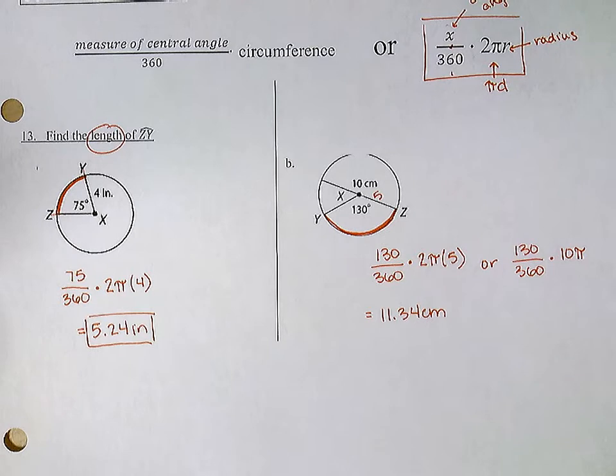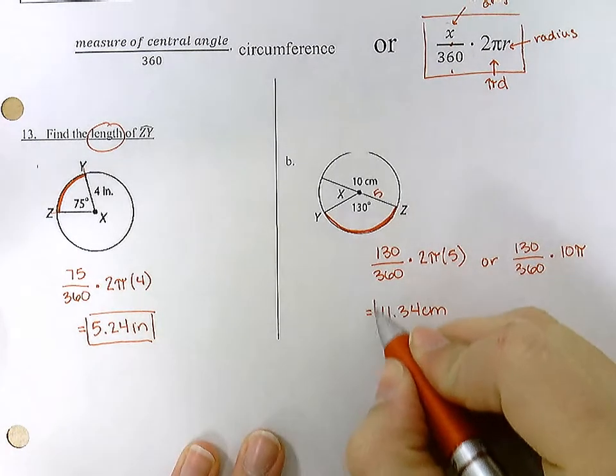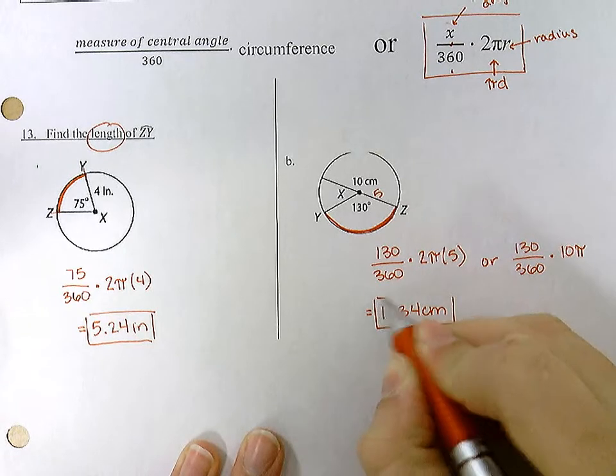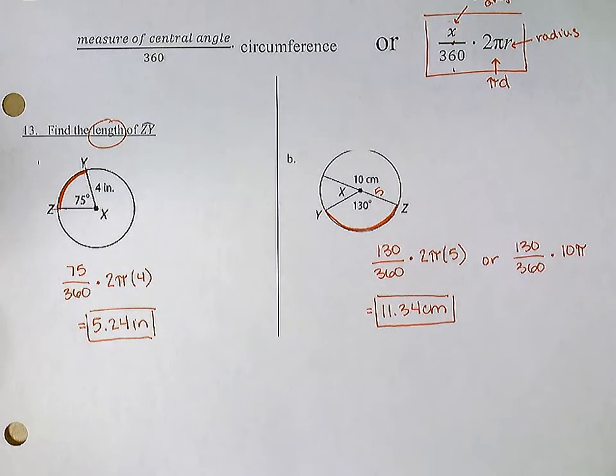It is 11.34, and since your diameter was in centimeters, your arc length has to be in centimeters. Okay, questions on that problem?